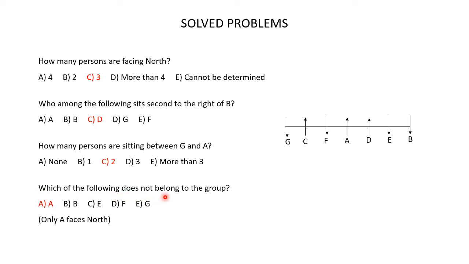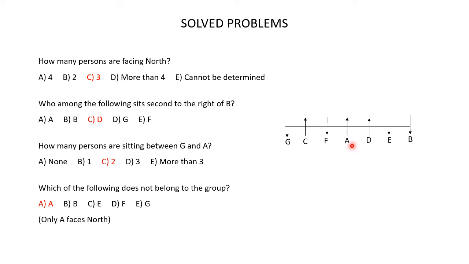Which of the following does not belong to the group? You're given 5 options and you have to find out which of these options is the correct one. Now examine each of these options with the given final seating arrangement.